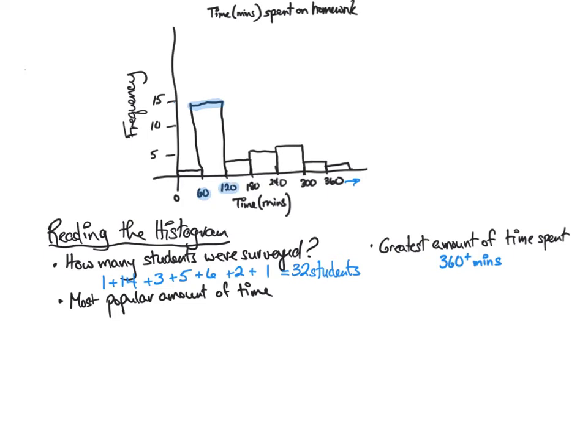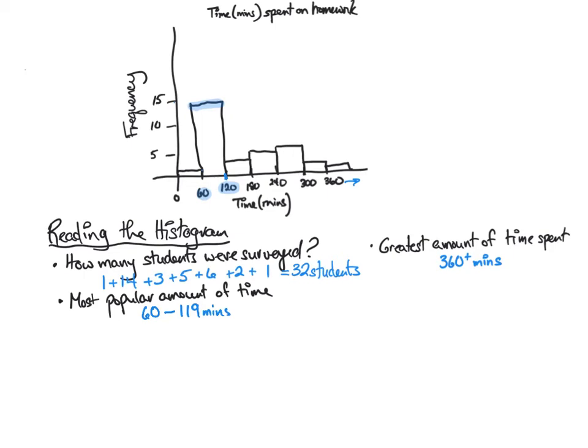It ends at 120, but it actually goes from 60 minutes to 119 minutes because this is the end before it starts the next one, because this would be 0 to 60. This is from 60 to 119, 59 minutes in each class.